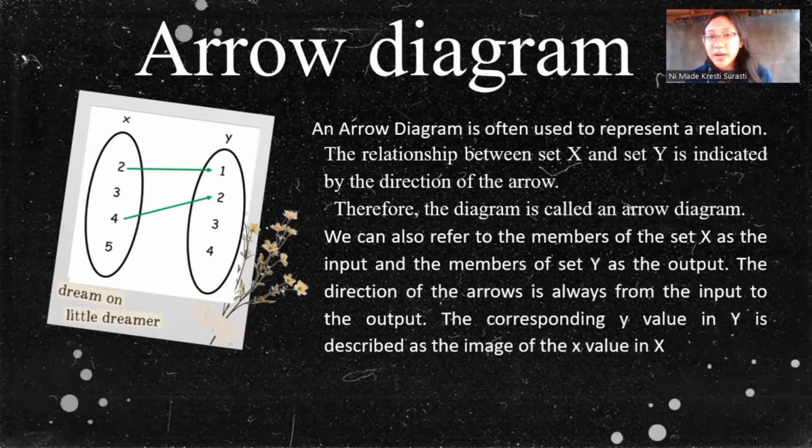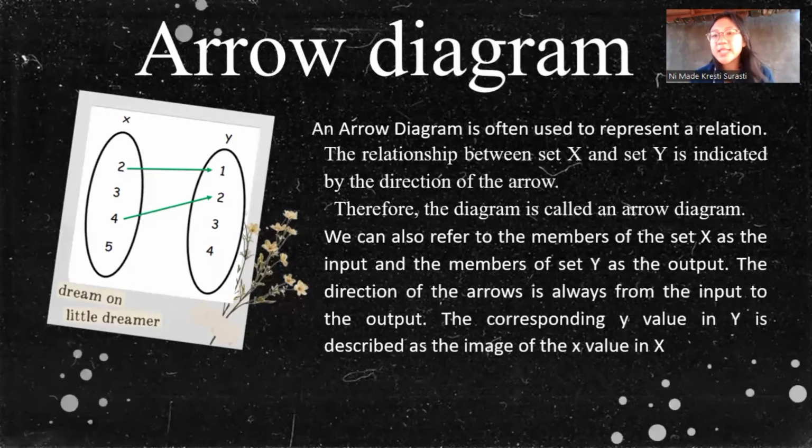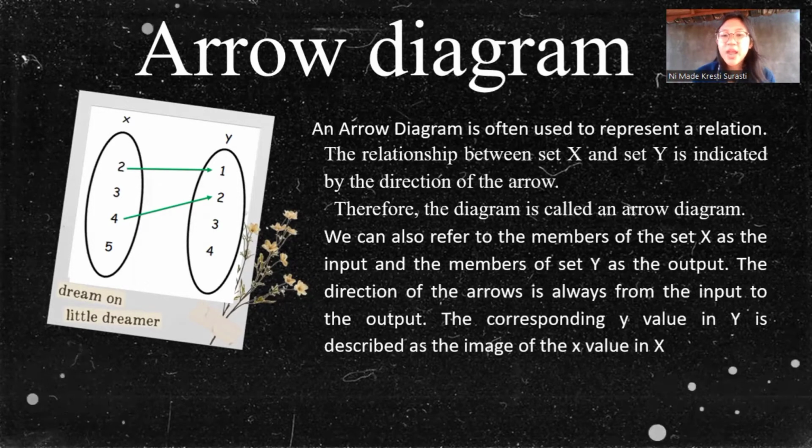So what is an arrow diagram? An arrow diagram is often used to represent a relation. The relationship between set X and set Y in a picture is indicated by the direction of the arrow. Therefore, the diagram is called an arrow diagram. We can also refer to the members of set X as the input and the members of set Y as the output.